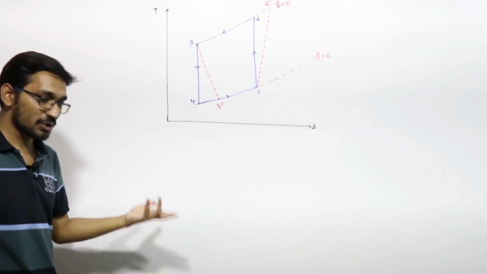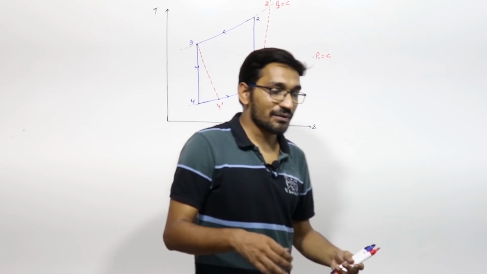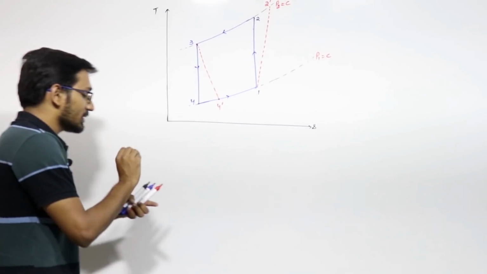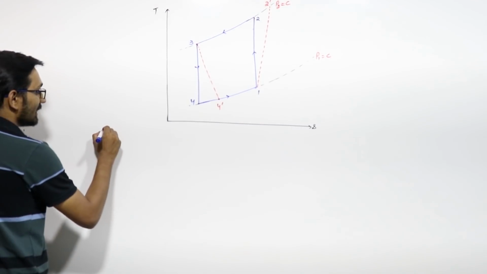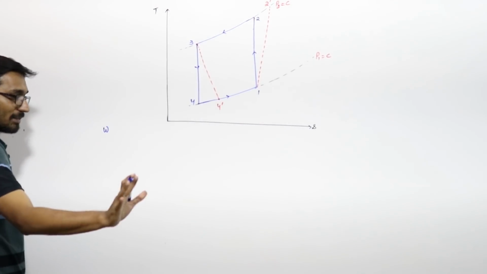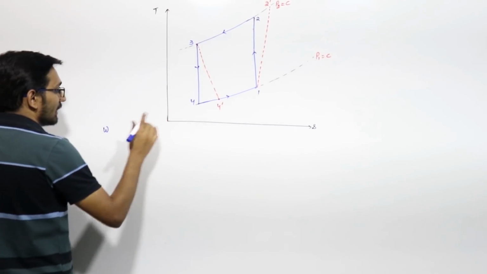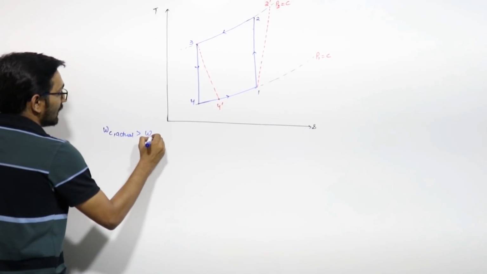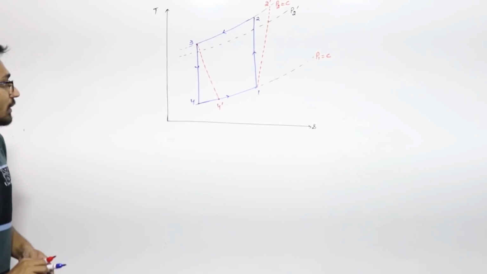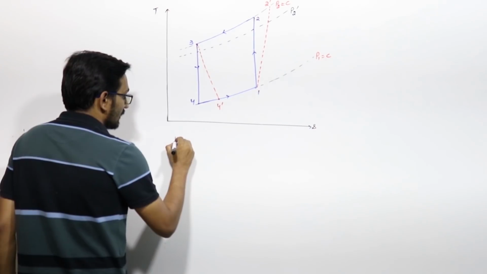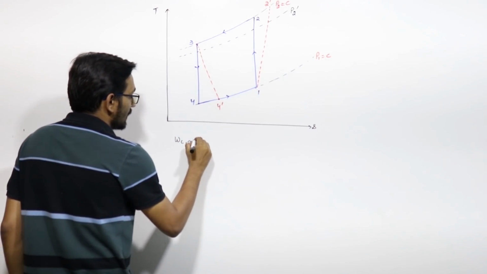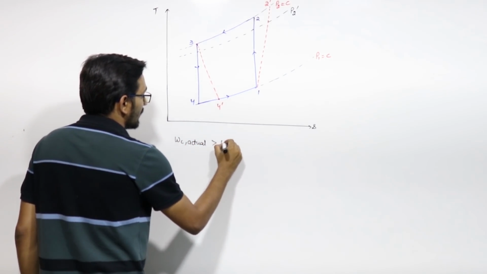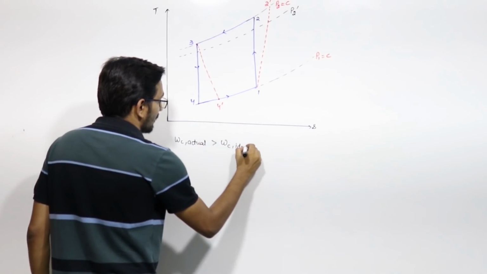It will be the same. If I talk only about the compressor, the turbine will be similar. If the actual compressor work is more than the ideal compressor work, we are saying that the actual work which we have to give is more than the ideal work.